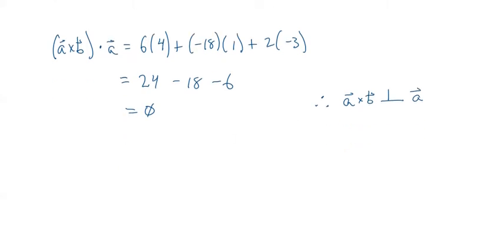So you can go ahead and do the next one. This would be very likely a question on a test: given vectors A and B, find a vector orthogonal to both and show that it's orthogonal to B. Maybe not show it's orthogonal to both.